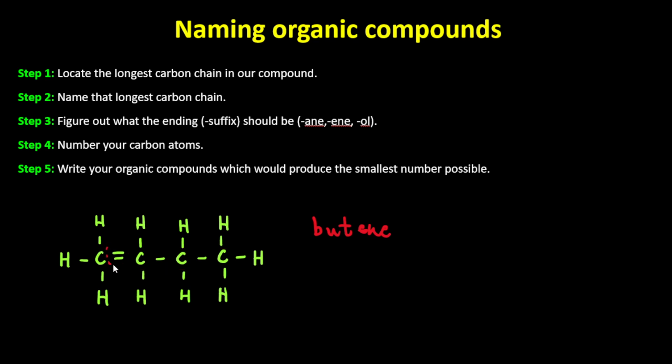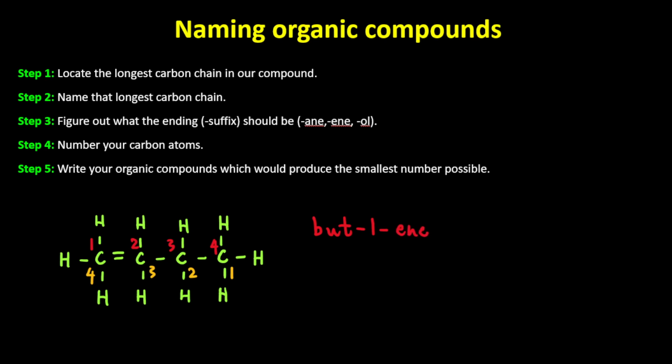Alright, I'm going to erase this. To do that, you're going to number your carbon atoms. So it can either be 1, 2, 3, 4, or the other way around, 1, 2, 3, 4. If you're picking the red line, your name would be but-1-ene.